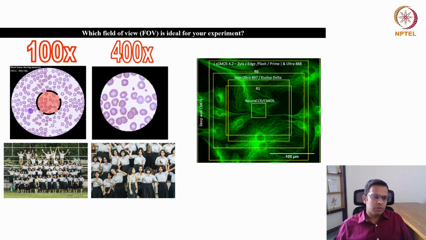But if you use over-magnification for this kind of experiment, then you will see an enlarged image of a smaller area, a smaller field of view. You can hardly see a few cells, and for counting 100 cells you may need to take at least 10 more images. So here, more magnification is not required for this kind of application.